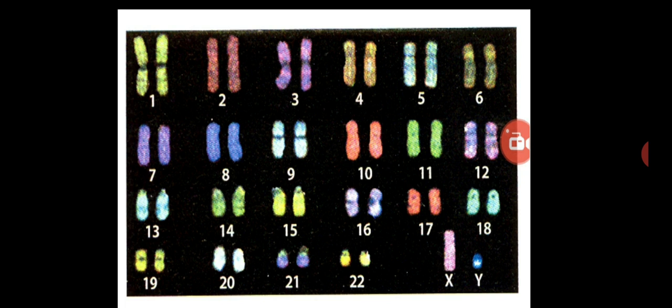The second type of karyotype is the symmetric karyotype, opposite to the asymmetric karyotype, where there are not much variations. All the chromosomes are almost the same, with no much differences in size, and more of the chromosomes are metacentric. This type of karyotype is known as symmetric karyotype.